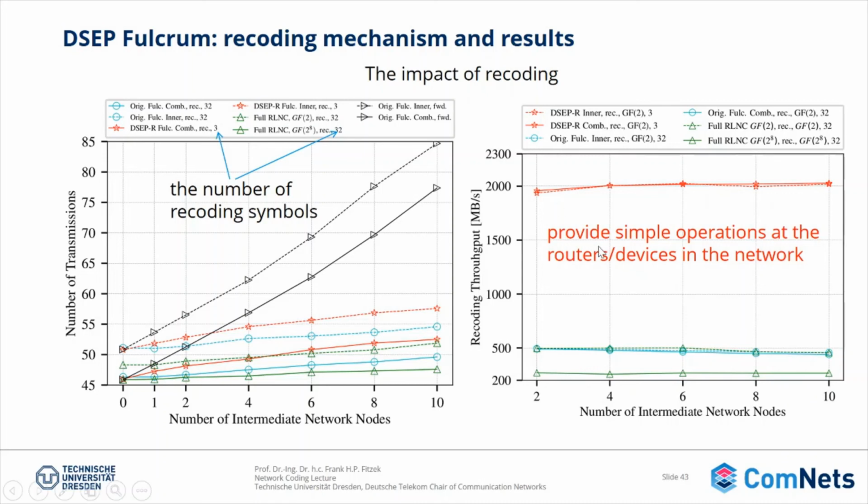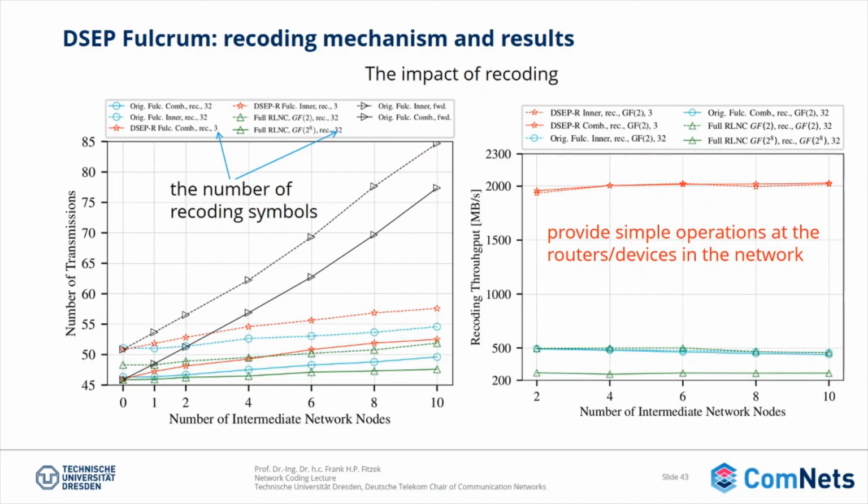And the figure on the right shows that DSEP can achieve really high recoding throughput, and because we only store 3 coded packets in the buffer, we also save a lot of memory at the intermediate node.